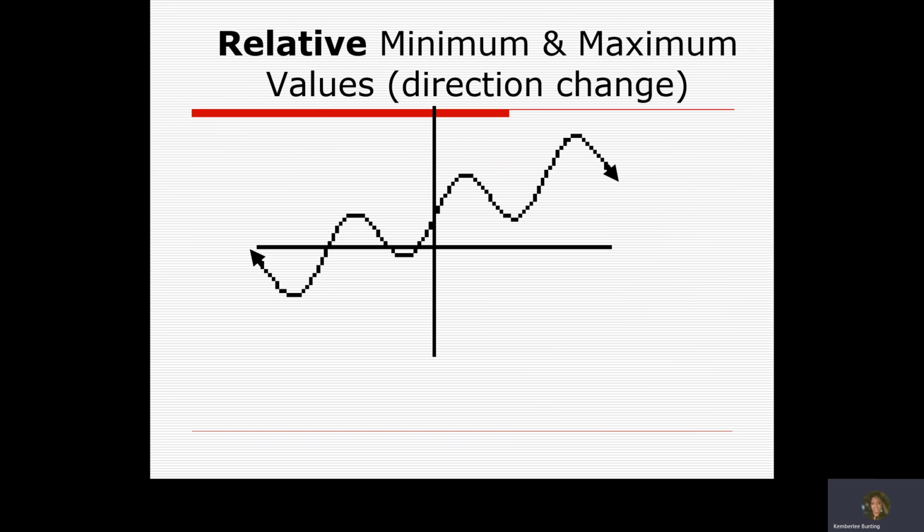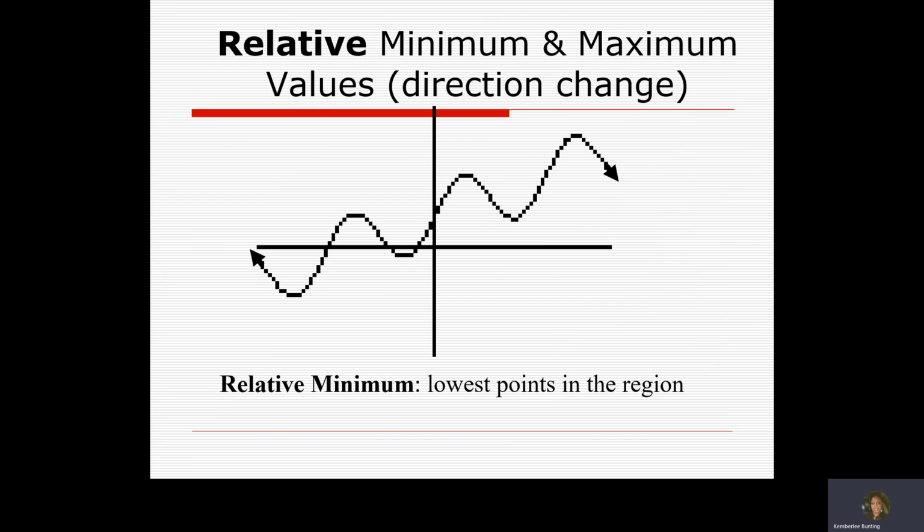You see all these squiggles everywhere? Okay, all these peaks and valleys, okay? And when you have a graph that has multiple peaks and valleys, that is an instance where you will have something called a relative maximum value and a relative minimum value, okay? Now, a relative minimum value is essentially the lowest point in a region, okay?